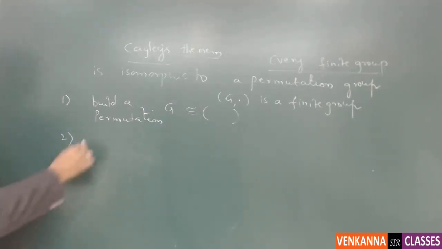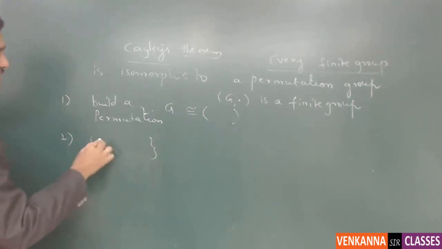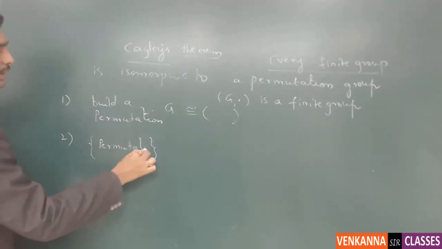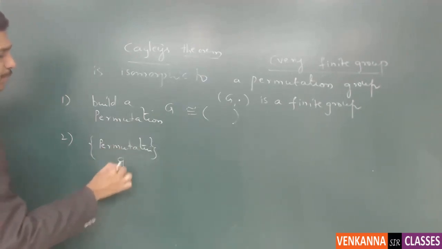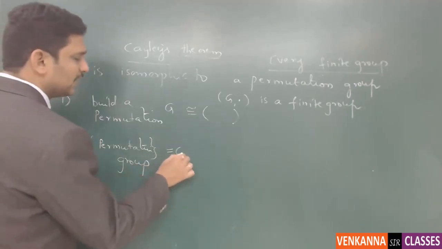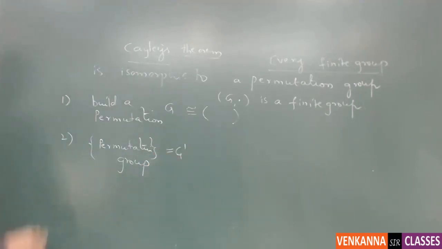Second, the set of all permutations, how you have defined, must become a group. You have to show that. So for that set, you give a name, say G dash.